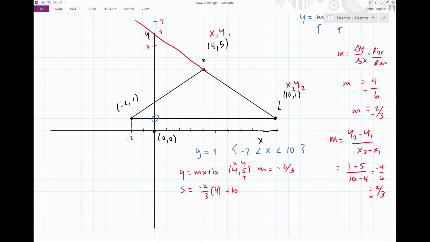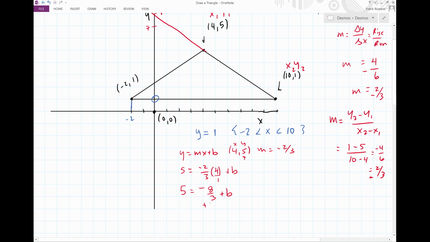Okay, let's keep working on this. So this is going to be 5 equals what? Negative 8/3 plus b.